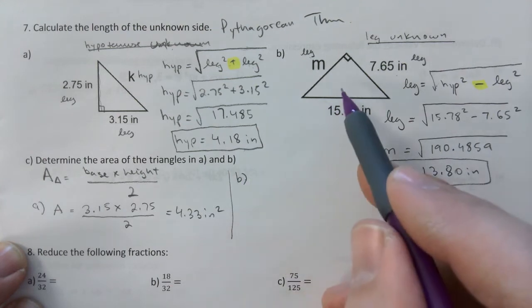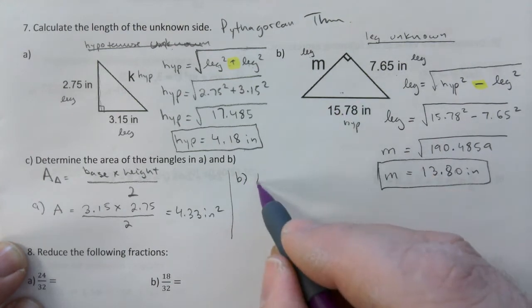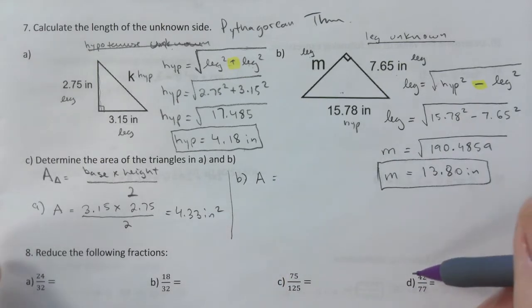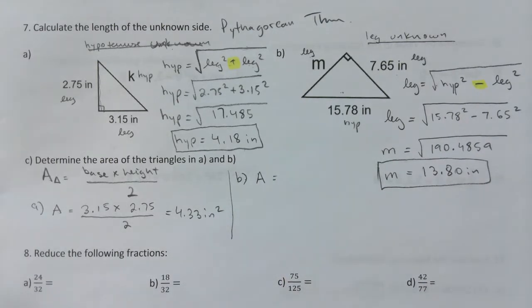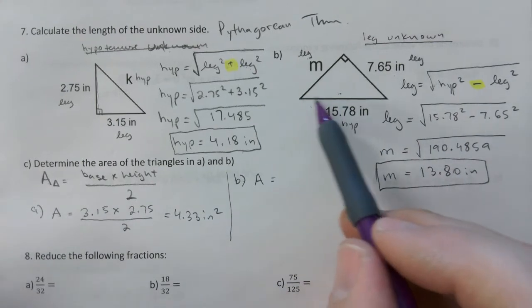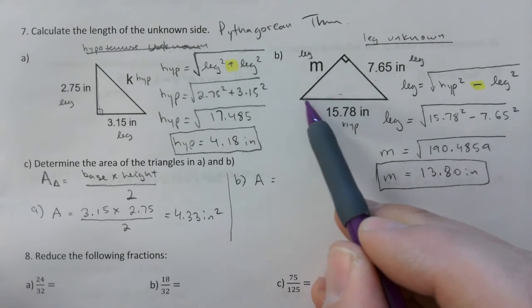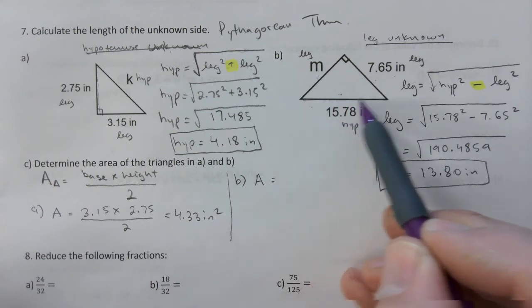For the triangle here in B, that one is a little trickier. I don't know if you caught that. But this is what I'm going to say about height and the base: the base and the height of a triangle meet at a 90. That's the crucial part here. So some of you might be like, yeah, this is my base. But neither one of these sides meet at a 90 here at this corner, right? Where do they meet at a 90?